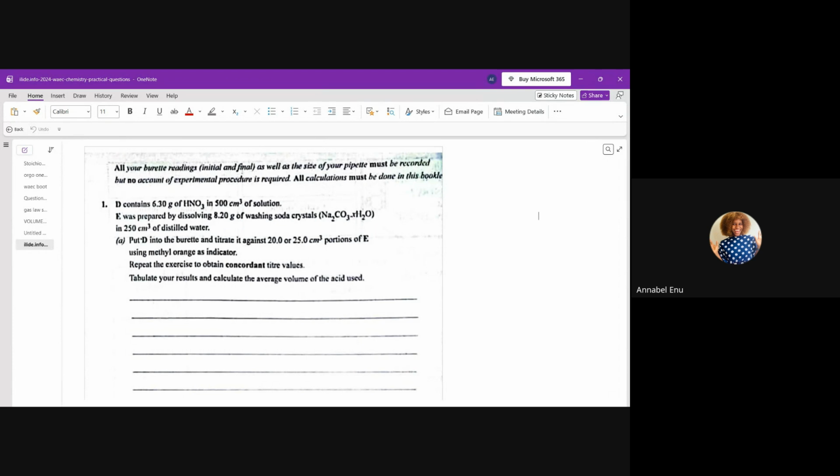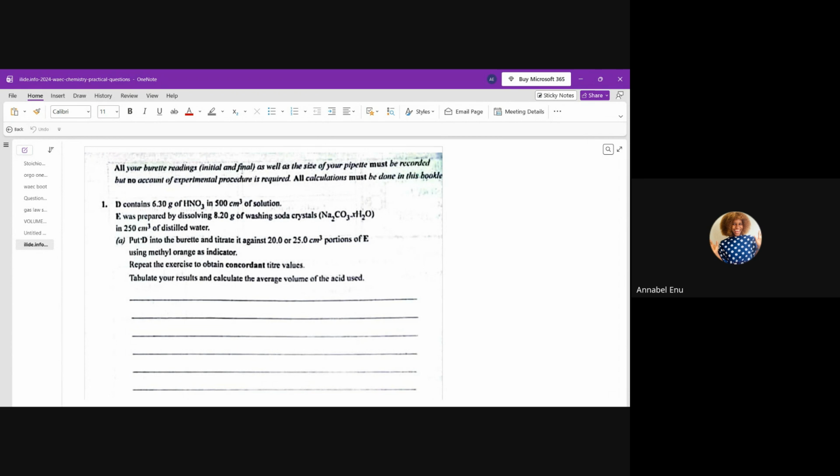Okay, so the qualitative analysis is the one that has to do with checking the quality of a particular reagent or a particular chemical.